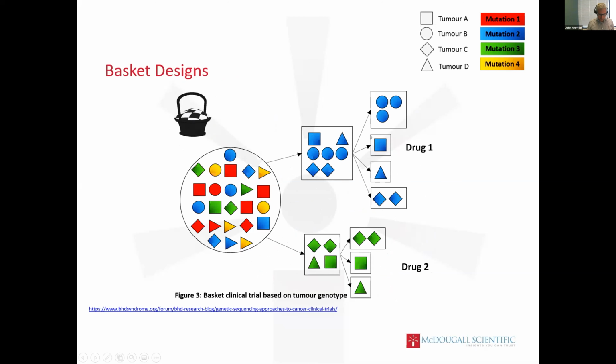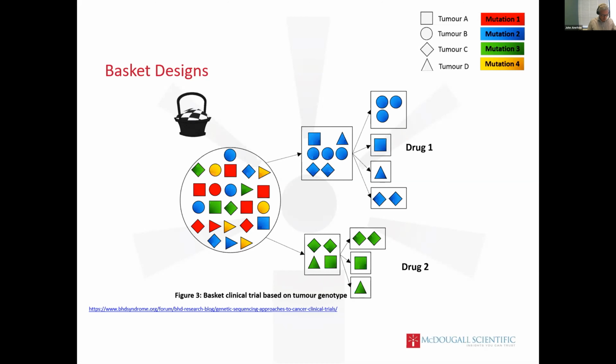Let's say the one drug addresses a mutation represented by blue, and that mutation occurs in all 4 different types of cancers: lung cancer, breast cancer, bladder cancer, what have you. So instead of doing 4 different trials, let's do 1 trial with that one drug all at the same time.